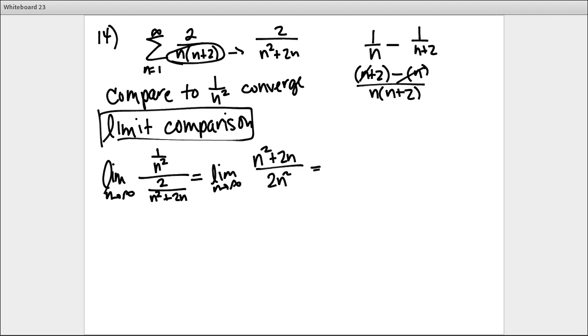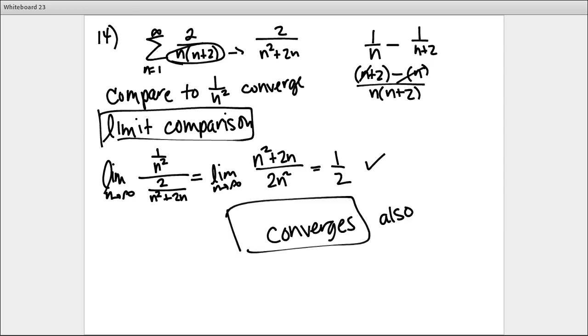And now you've got degree on top is the same as the degree on the bottom, and so the limit as n goes to infinity is the ratio of the leading coefficients, which is 1/2, and that is a finite number, and so that means that this one converges also. So limit comparison is what I used on there. Could have done telescoping, but I would have had to do partial fraction decomposition first. 14 as it sits is also a good one to look at too.